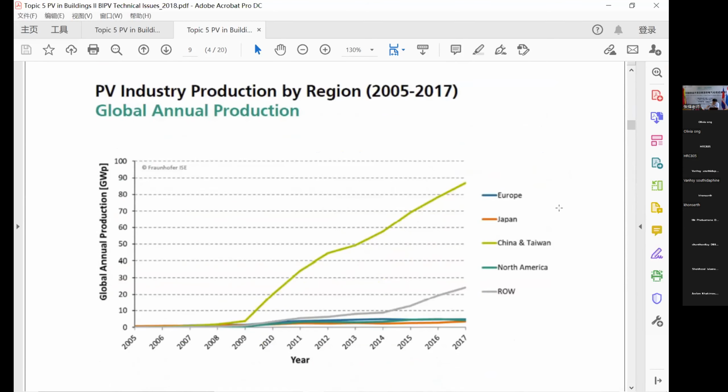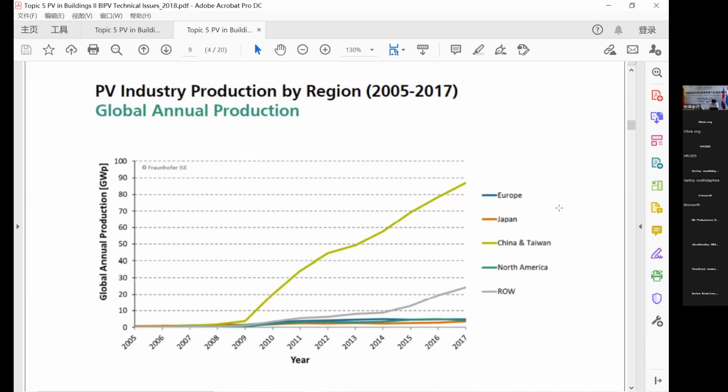And we can also have a look at the PV industry production by regions, by different countries. China and then Taiwan. At the beginning, in 2005, everyone is almost the same.